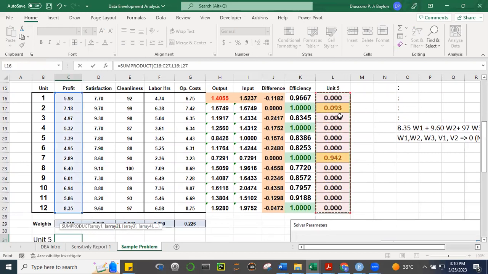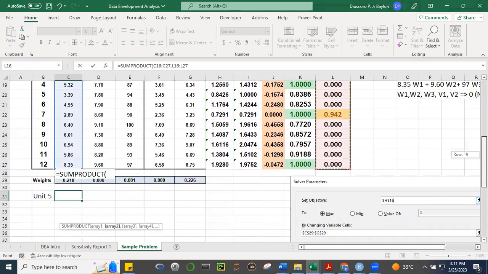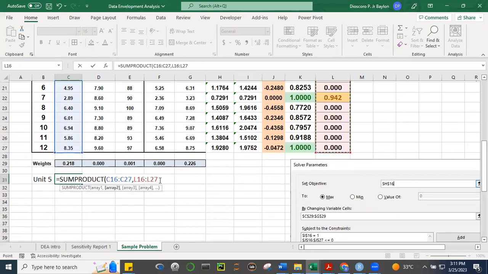And if you notice, only the ones with non-zeros will enter the profit picture, because the others are zero. So the only contributions to profit will be 9.3% of unit 2 and 94% of unit number 7, which are linear combinations of your efficient units. F4.